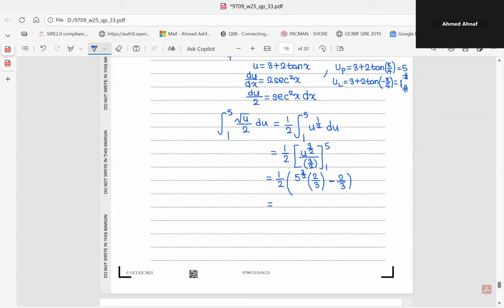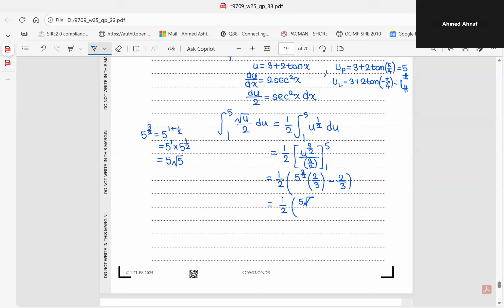Okay, so to evaluate what 5 to the power of 3 over 2 is, let's rewrite that. 3 over 2 is the same as 1 plus half. And let's split that up using our law of indices. That's the same as 5 to the power of 1 times 5 to the power of half. So 5 to the power of 1 is 5, and 5 to the power of half is square root 5. So rewriting that, you would get 5 square root 5.